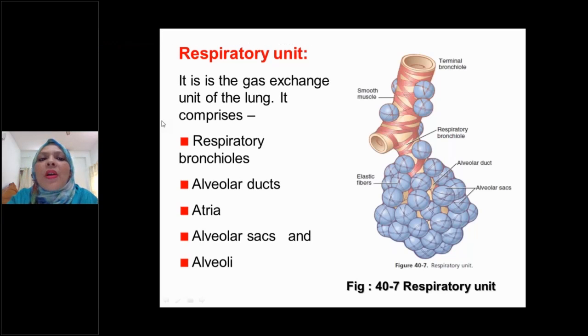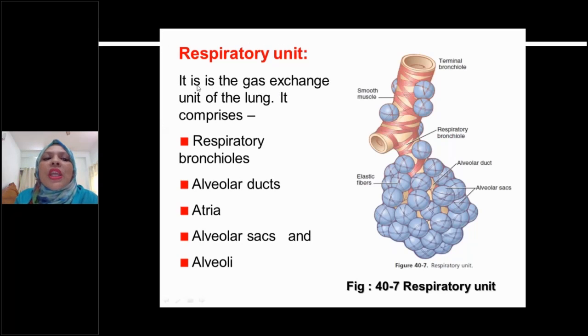This portion is called the respiratory zone because gaseous exchange always occurs in the respiratory zone. Gaseous exchange never occurs in the conducting zone. Only air conduction occurs in this area, and dead space is present in this area. I will discuss this with you later on.